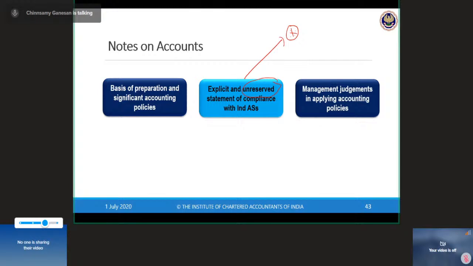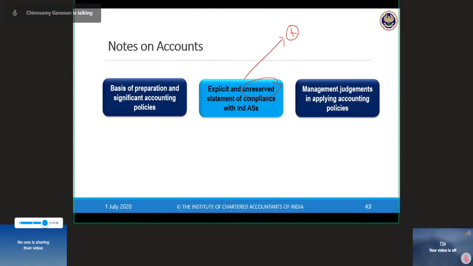Another example is that I am recognizing current tax. On what basis? Current tax is recognized based on the tax provisions and tax laws applicable to the entity, and the tax jurisdictions in which I am working. There may be some cases where I will be entitled to some tax exemption. I have considered those items as well. That's a management judgment.